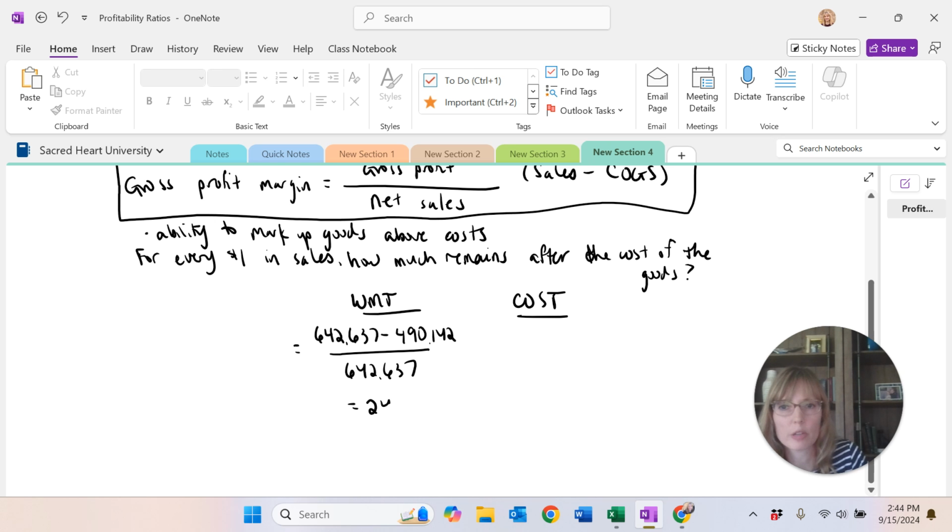This works out to be 24%. So for every dollar of sales revenue, once Walmart covers the cost of those goods that were purchased, 24 cents remains.